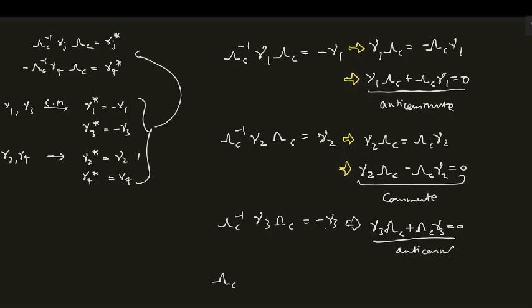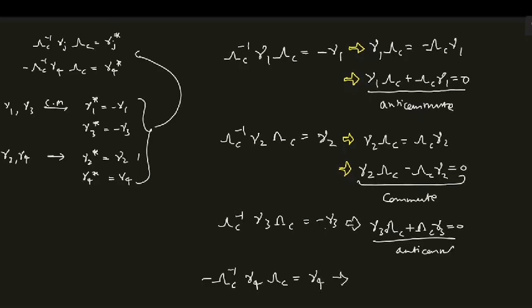Similarly with gamma 4, you have a minus sign on the left hand side too. When you compare the coefficient you got a minus sign here too, so you have minus lambda c inverse gamma 4 lambda c is equal to, on this side you have gamma 4.